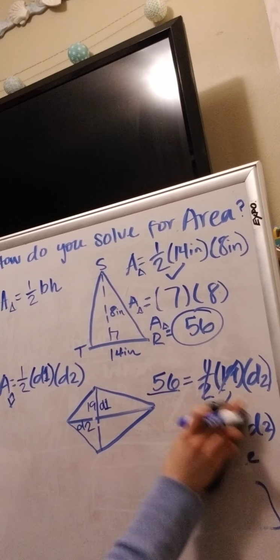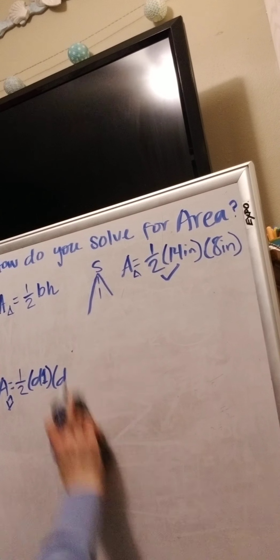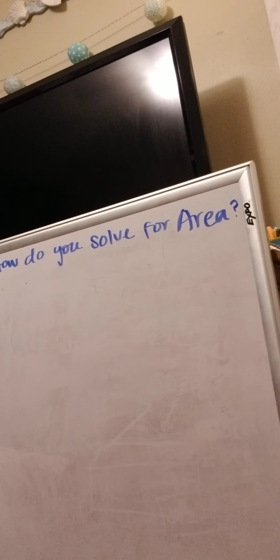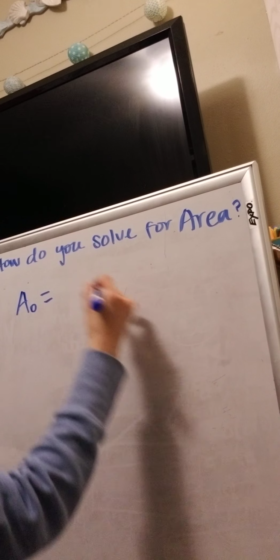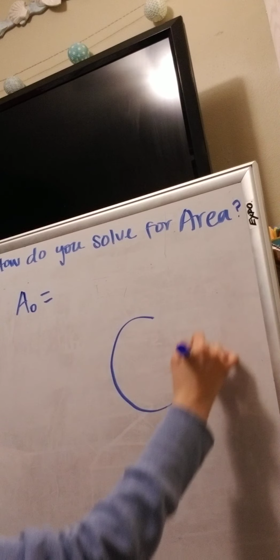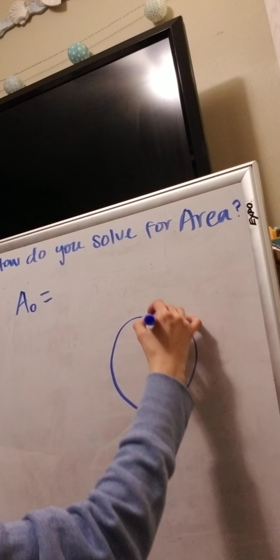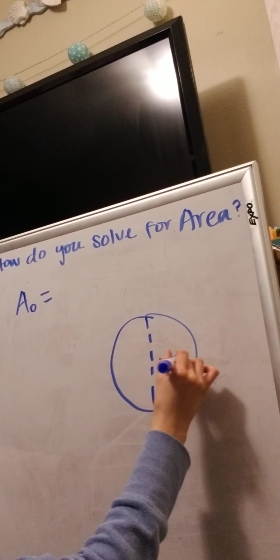Okay, we're going to do one more example. This time we're going to do the area of a circle. So we have this circle, and we need to know either the diameter or the radius.